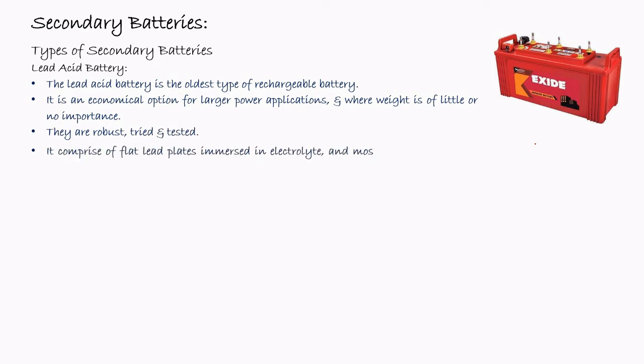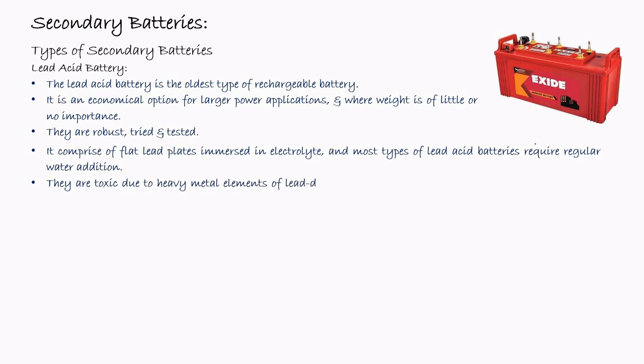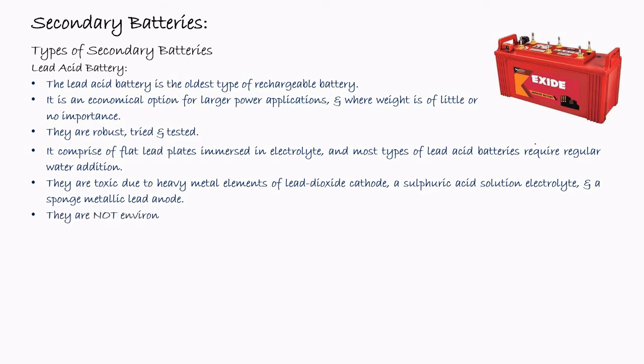It comprises flat lead plates immersed in electrolyte, and most types of lead acid batteries require regular water addition. They are toxic due to heavy metal elements: a lead dioxide cathode, a sulfuric acid solution electrolyte, and a sponge metallic lead anode. They are not environment friendly and incorrect disposal can be hazardous.